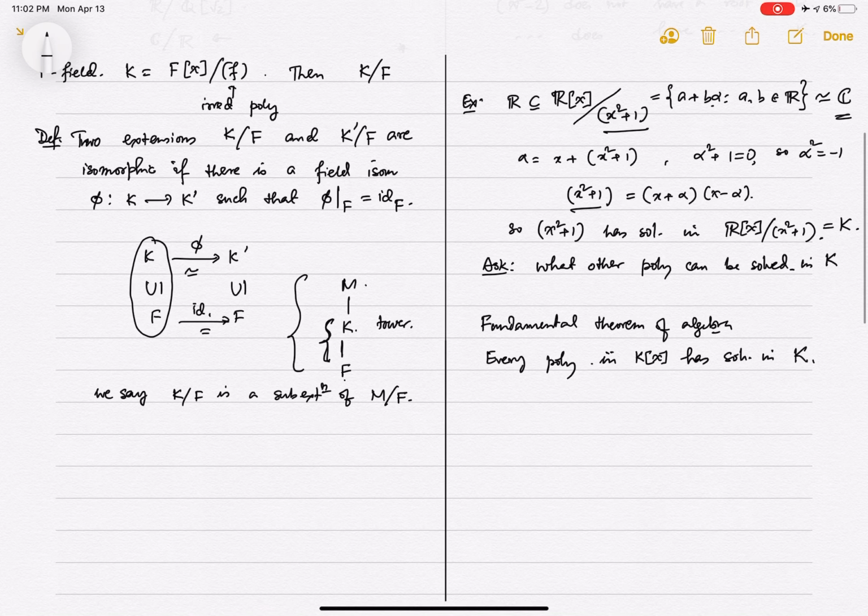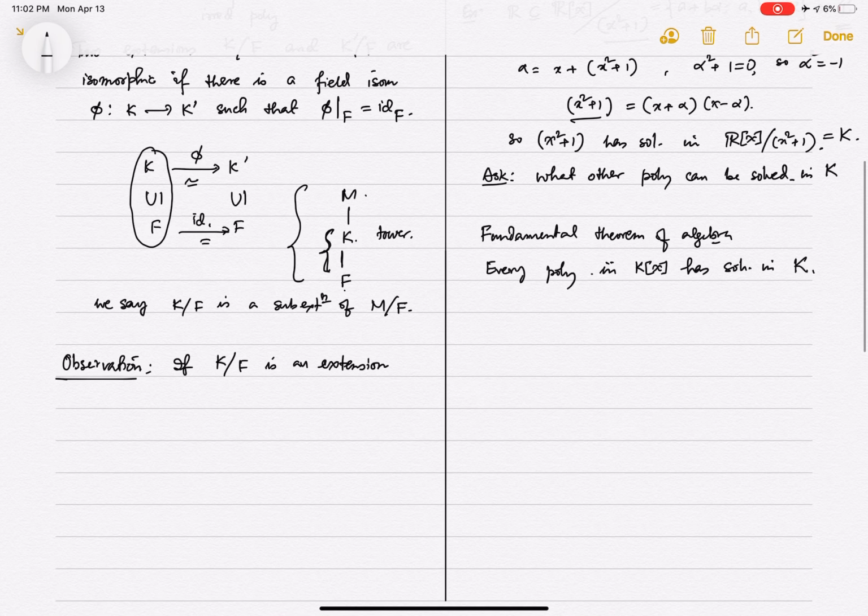Now the first important observation, and this is why we reviewed vector spaces before starting field theory, is that if K over F is a field extension, we'll just say extension, because that's the only kind of extension we are studying.